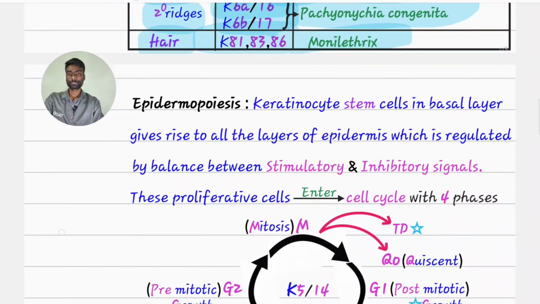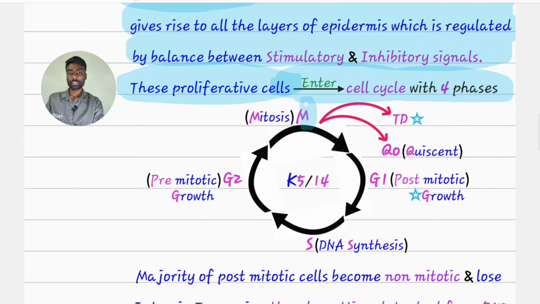These proliferative cells, that are keratinocyte stem cells, enter the cell cycle, which has 4 phases. M phase, that is mitosis phase, where a parent keratinocyte divides into 2 daughter keratinocytes. Next, after mitosis, post-mitotic G1 phase, that is G means growth phase. Majority of the growth occurs in this phase only.